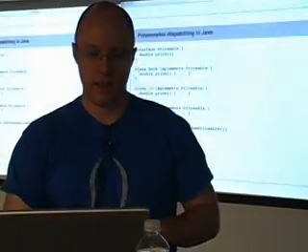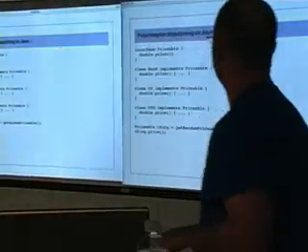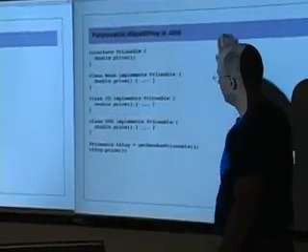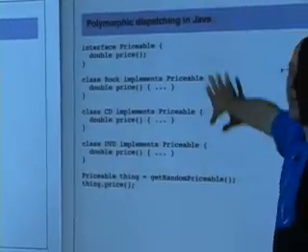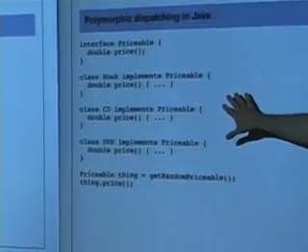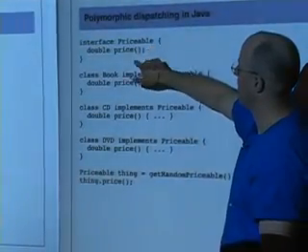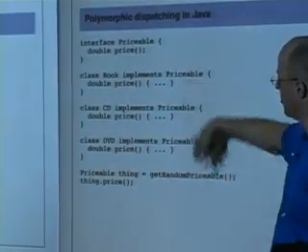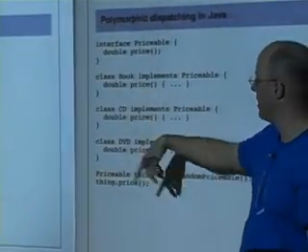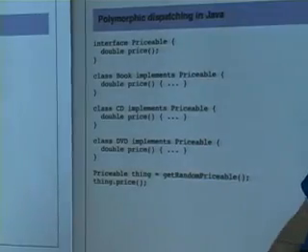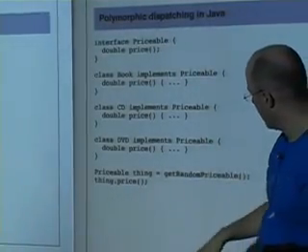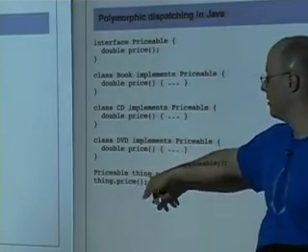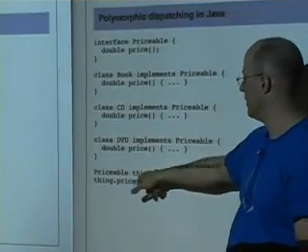So I'm going to review just a little bit of Java, just make sure we're all on the same page. So this is normal polymorphic dispatch in Java, right? You have an interface, Priceable. Books, CDs, and DVDs are all Priceable, which means that they have this method price that stupidly uses a double to represent money. And so now you can get a random Priceable. All the compiler knows and the runtime is that this thing is Priceable, and therefore we can call this method.